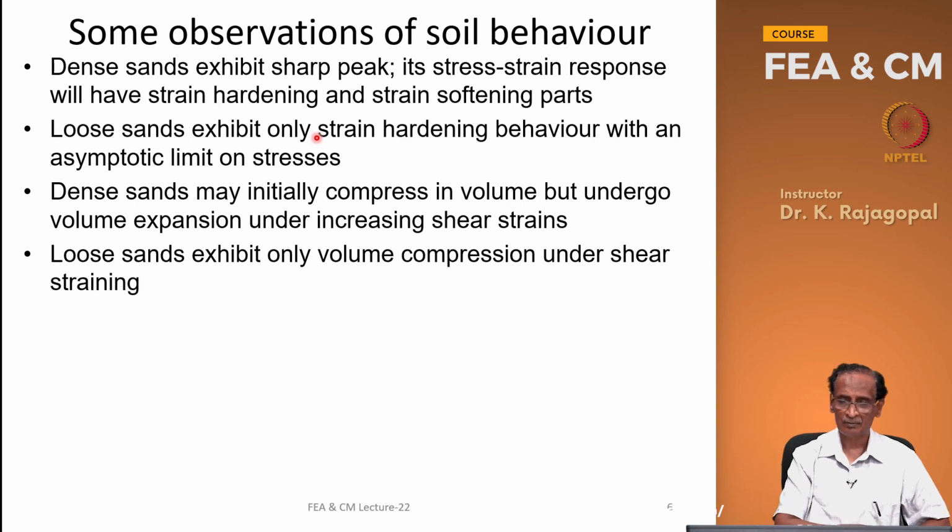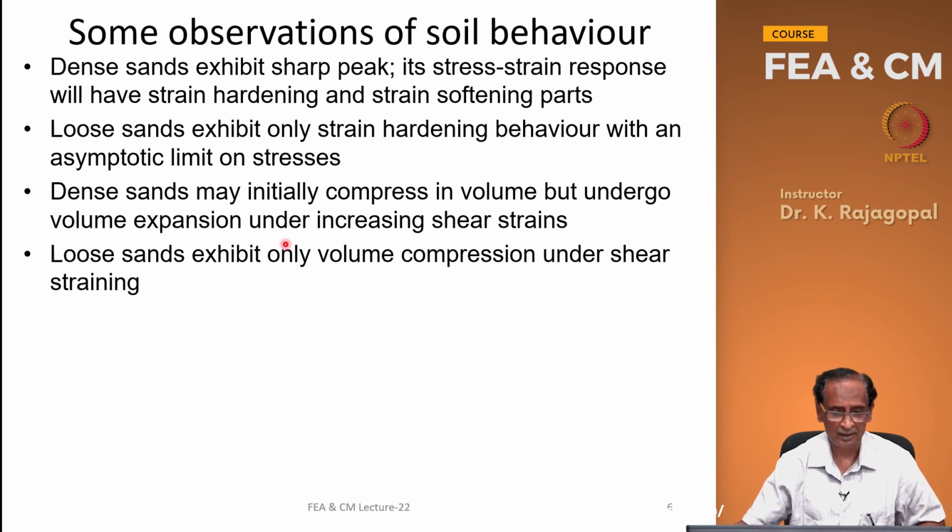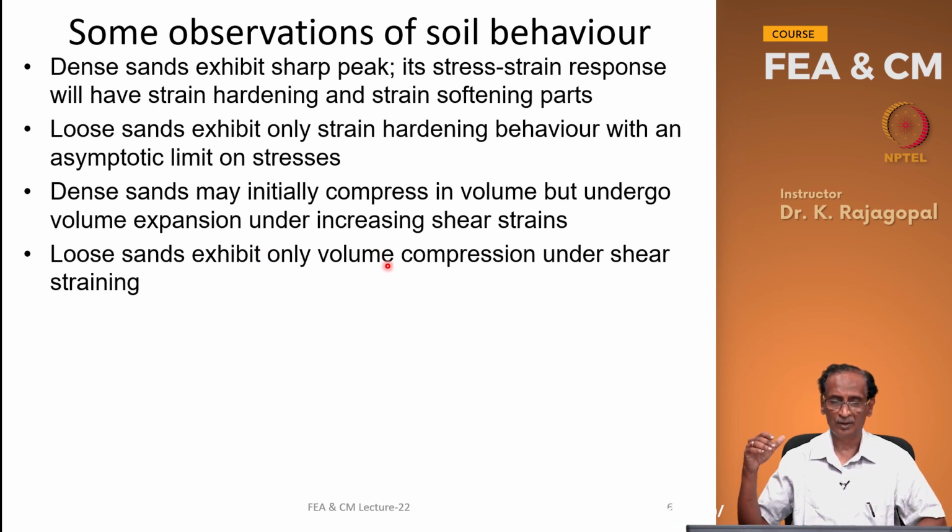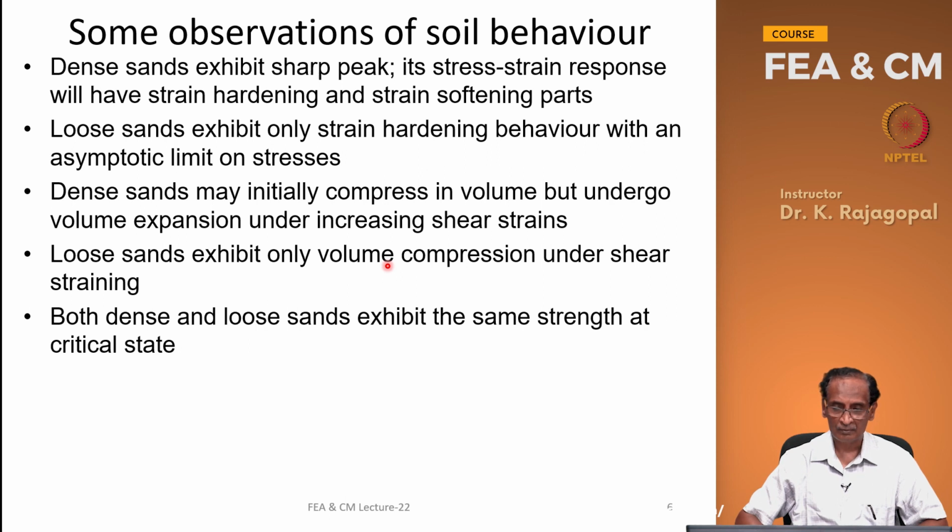Then at a very large shear strain, we might reach some asymptotic limit, and the dense sands may initially compress in volume, but undergo volume expansion under increasing shear strains. And then the loose sands will exhibit only volume compression under shear straining, and at a very large strain, both the dense and loose sands will exhibit the same strength at the critical state.